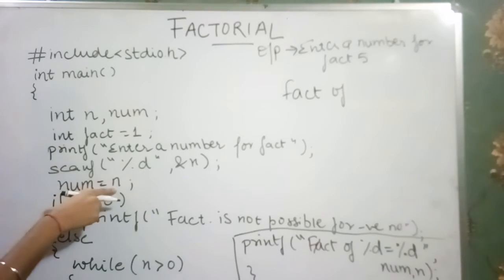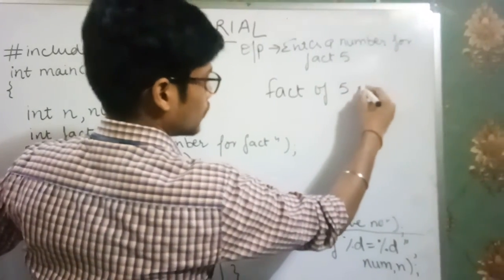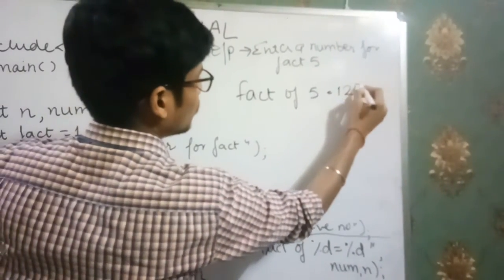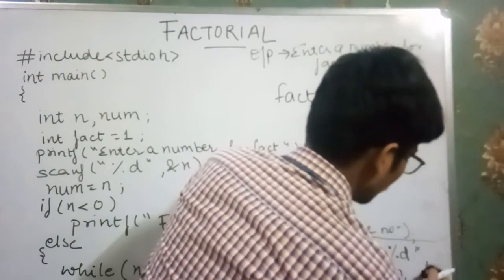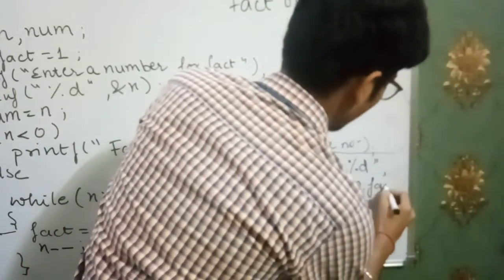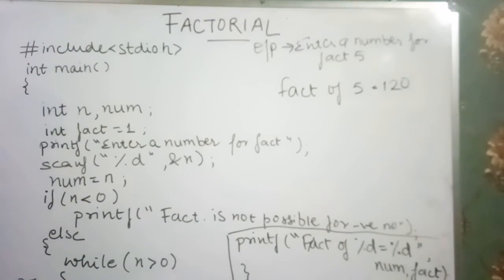So we are storing n into num. So factorial of 5 is equal to 120. That is the fact value. So this is how you write the code for the factorial of a number.